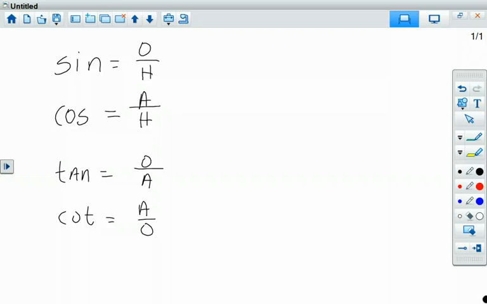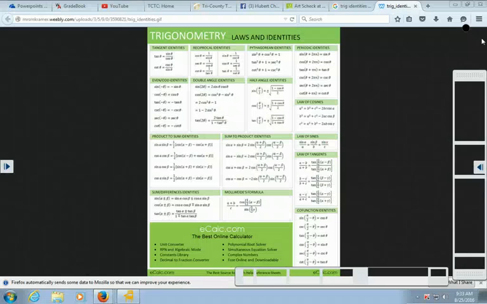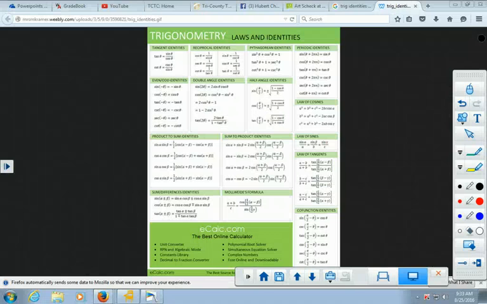I hope it doesn't mess up y'all's recording. If you go to the reciprocal identities, what is the tangent? 1 over the cotangent. So if you remember your basic Sohcahtoa, then you can remember the reciprocal identities and not have to memorize them.